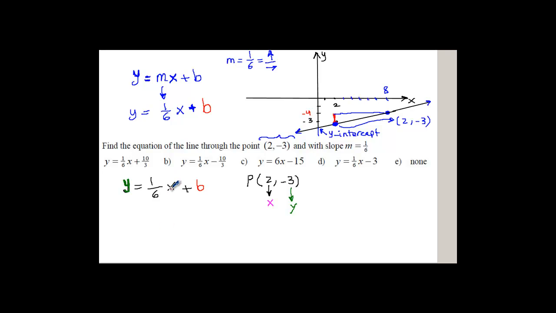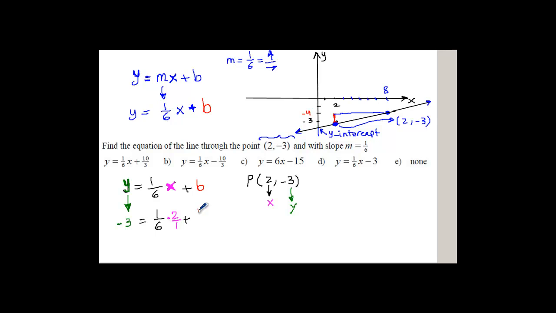Now can you tell me how to solve for b? First of all, we have to substitute -3 everywhere you see y, and then everywhere you see x, you're going to substitute 2 for that. So let's do that. And then we can solve for b.